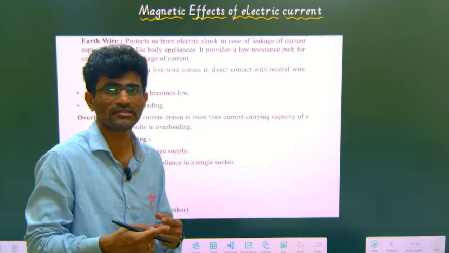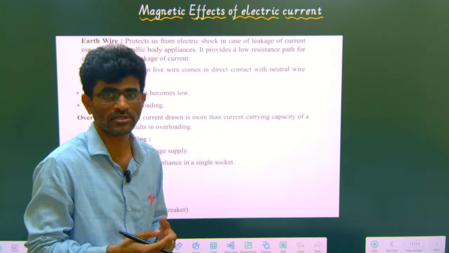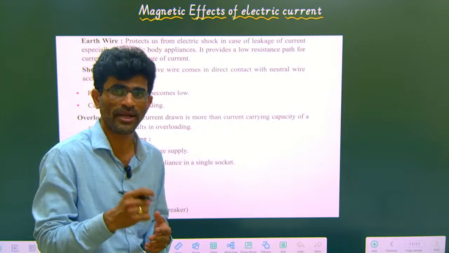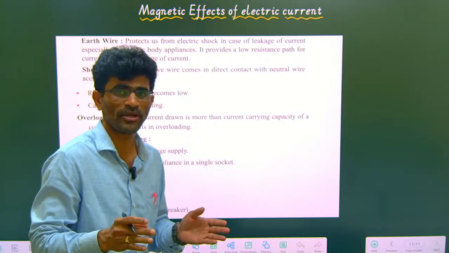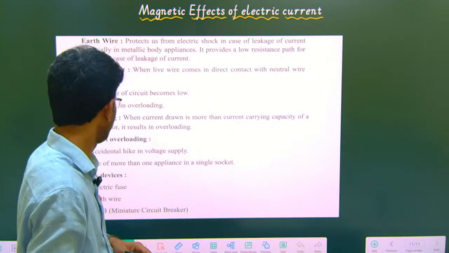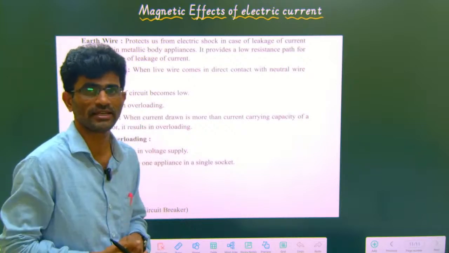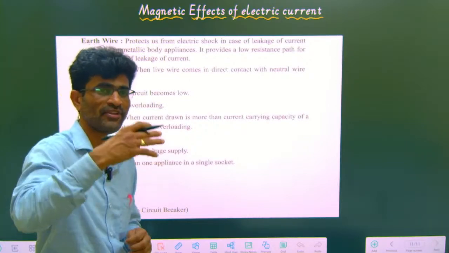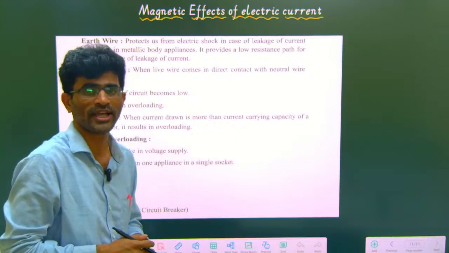When high current is passing, some heat will be produced. Because of that heat, it will melt. When it melts, the circuit will be open. When the circuit is open, the remaining devices in the home will be safe. They will not be damaged. So this is the purpose of the electric fuse, connected at the entrance before current enters, and it is connected in series, because there should not be some other path for current to enter the home.